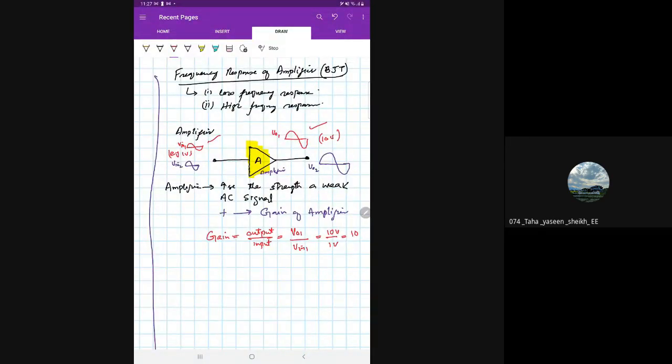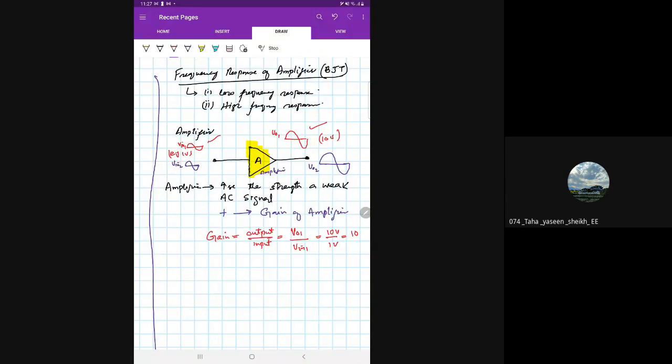Now you have to understand that gain is a very important quantity in amplifiers. Whenever you select an amplifier, you first have to think about which gain should be present in it, and how much this amplifier should be capable of increasing the strength of my weak signal.